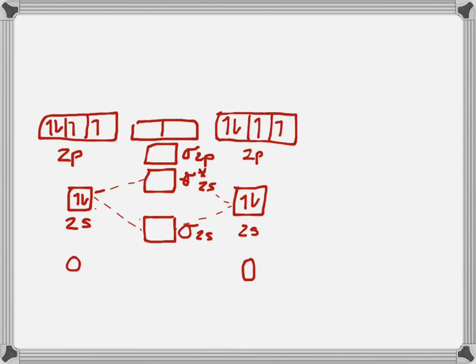Oh, I made this way too small. And then next up will be the anti-bonding pi star 2p. And up here will be the sigma star 2p.